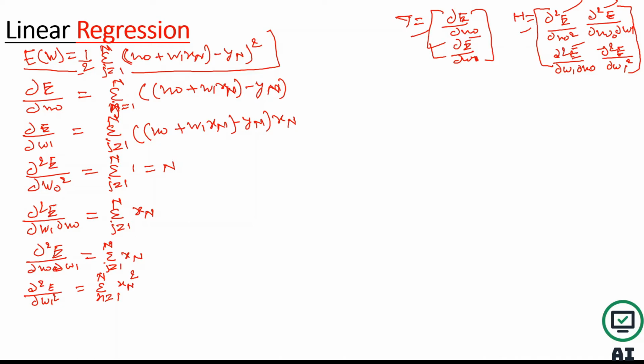If you take the partial derivative of this error function with respect to W0, you will get this. It is the case of x power n: if it is x square, then it is 2x to the power 2 minus 1, which is 2x. So that's why I have written W0 plus W1 xn minus yn.